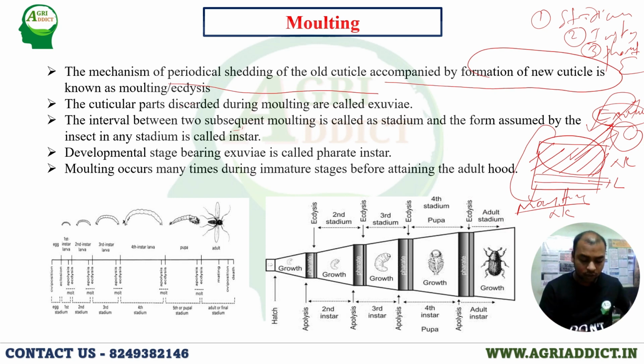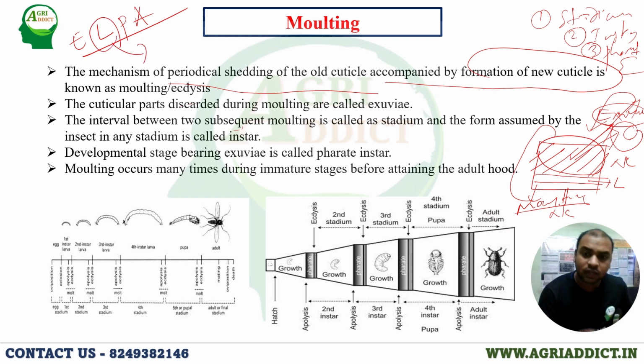I will explain now. In holometabolous insects there are four stages: egg, larva, pupa, and adult. But remember that within a particular stage there are different instars as well. At the larval stage, there are different instars: instar 1, instar 2, instar 3, and instar 4.